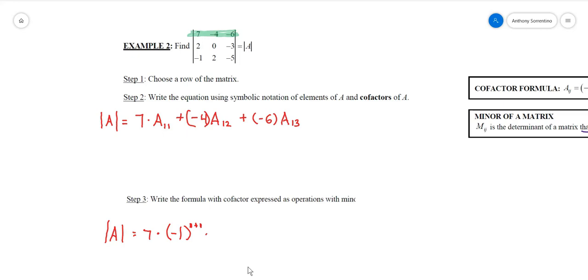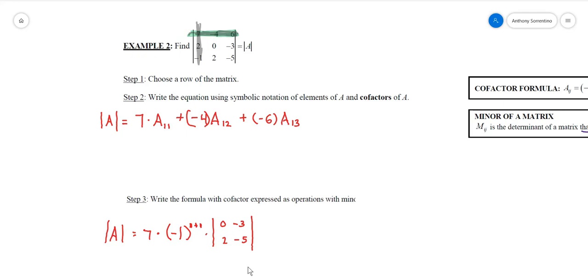When I do the minor of 1, 1, I'm essentially saying I'm going to take the matrix that results after I get rid of this column and this row. So the minor determinant would be, in this case, 0, negative 3, 2, negative 5. And that's a determinant I could find using the formula we used from example 1.